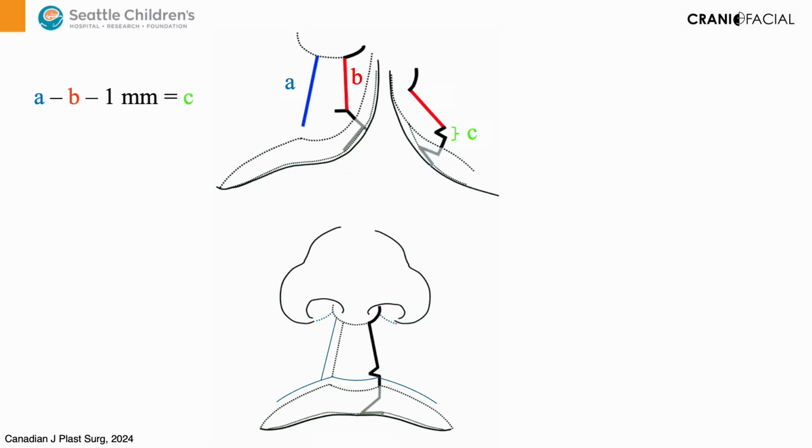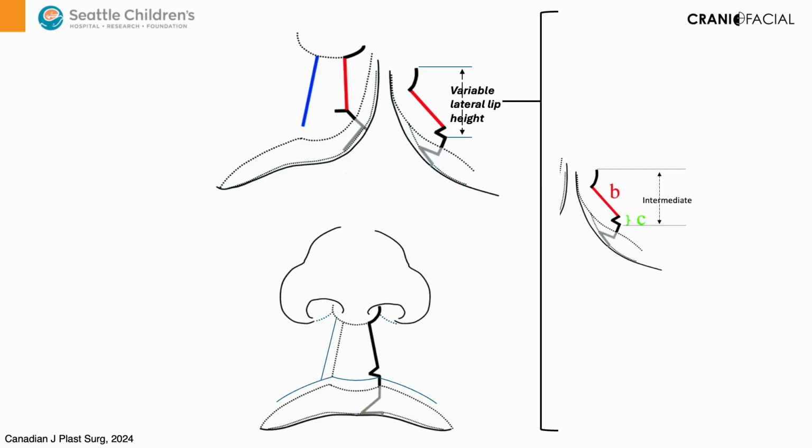And the 1 millimeter correction is due to the Rose-Thompson effect. When you excise a diamond and close it as a straight line, the lip height elongates. Now, the configuration of this lateral lip design is along a variable lateral lip height. And so that lateral lip height could be intermediate, and the configuration is like this.